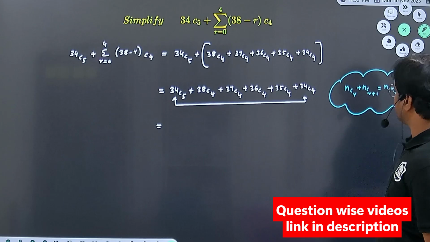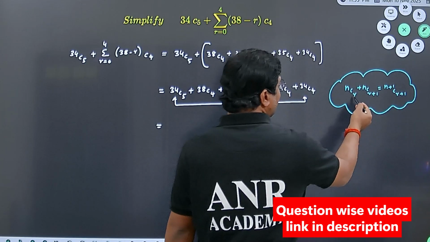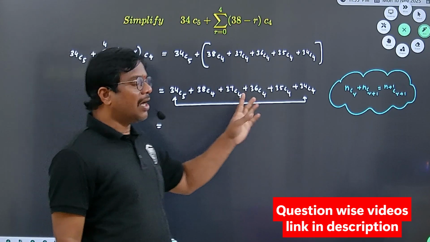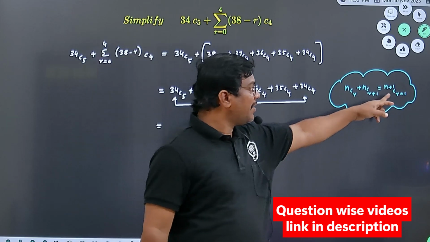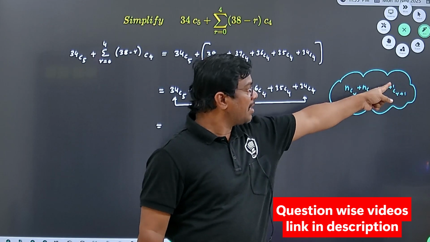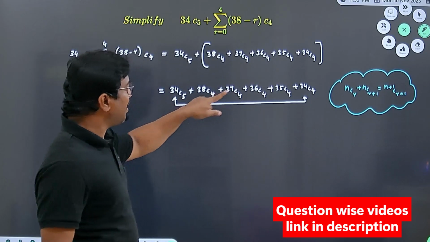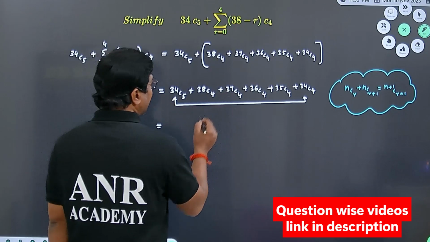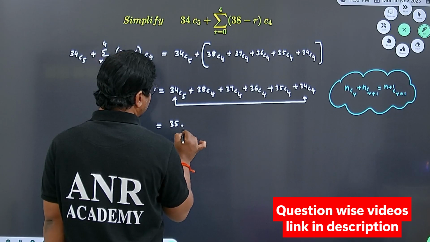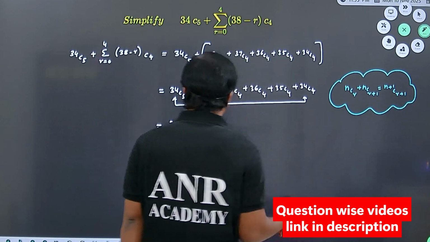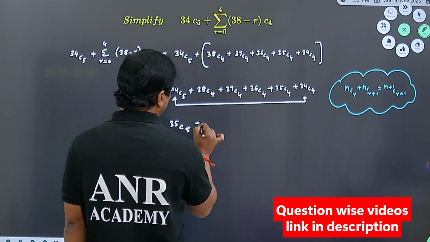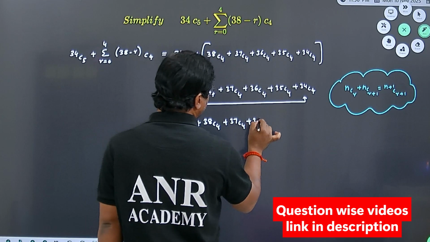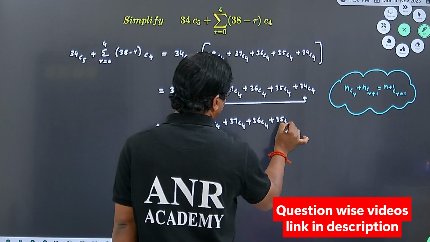Using this, if n value is the same and the binomial coefficients have successive r values, with the greater one in the suffix, then n plus 1. 34C5 and 34C4 are like successive binomial coefficients. So these two are written as 35C, greater among these two, you have to write 5. Remaining 38C4 plus 37C4 plus 36C4 plus 35C4.